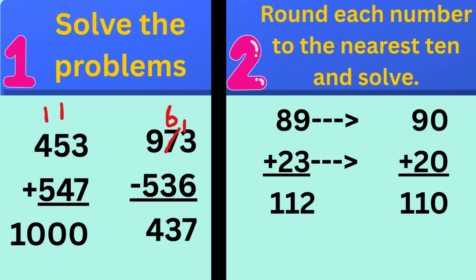Number 2, round each number to the nearest 10 and solve. 89 plus 23 equals. 89 rounded to the nearest 10 is 90, and 23 rounded to the nearest 10 is 20. 90 plus 20 equals 110. Also remember that 89 plus 23 equals 112. This is closer to 110 than to 120.